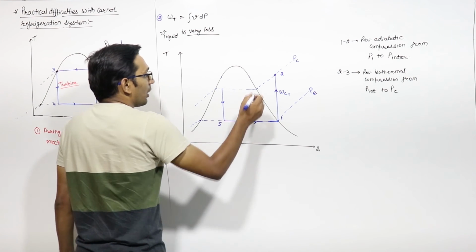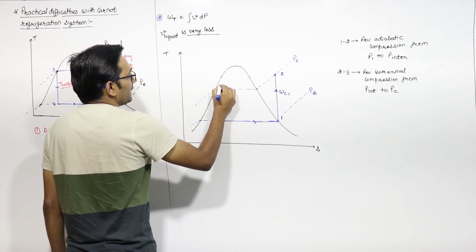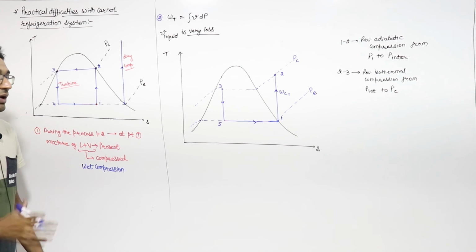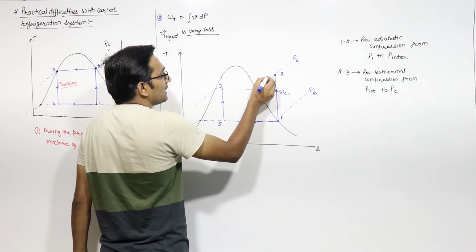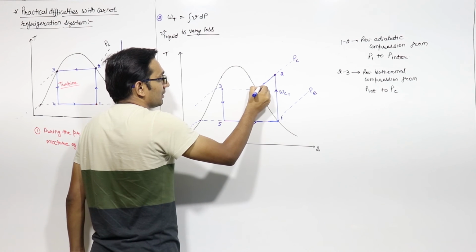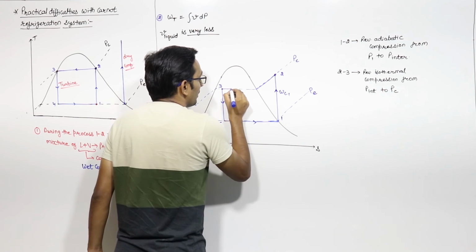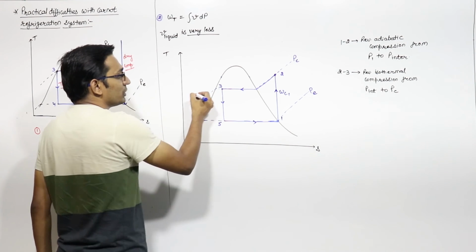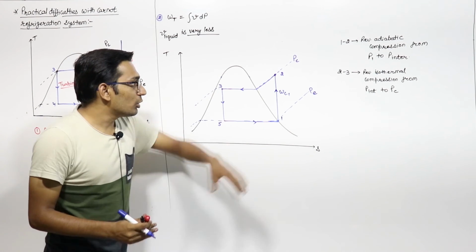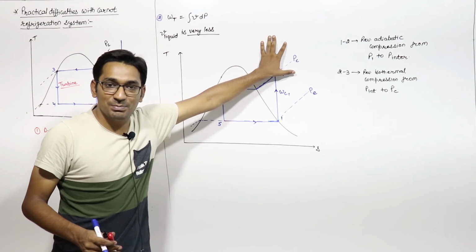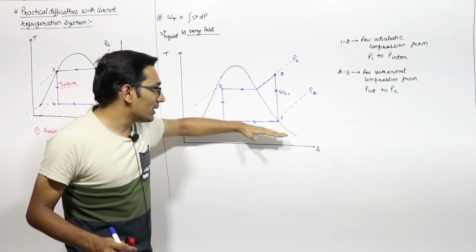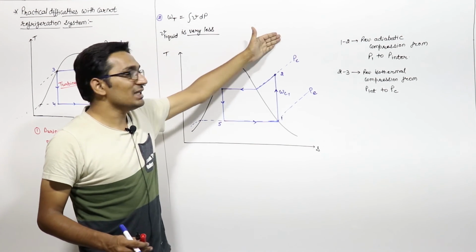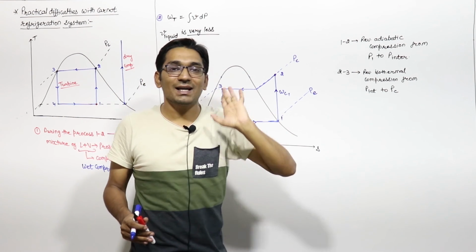Now from point 2 to point 3, if you want to do the heat rejection process, then that must be isobaric, because you cannot change this pressure PC. If you want to achieve this dry compression in a single compressor, that means from PE to PC you get it from one compressor only.